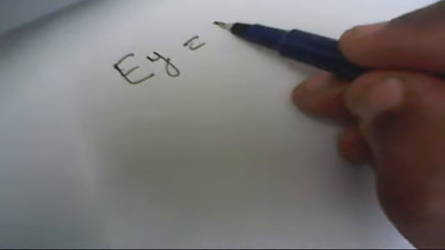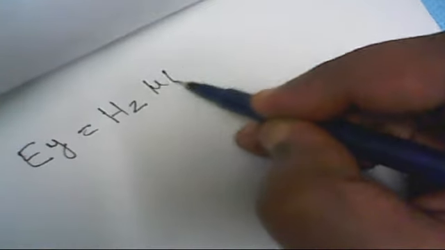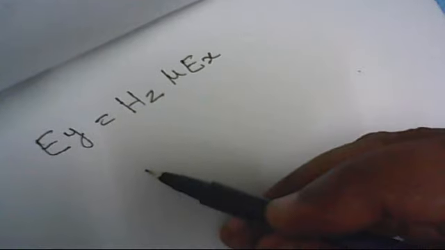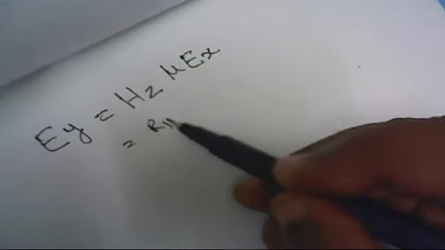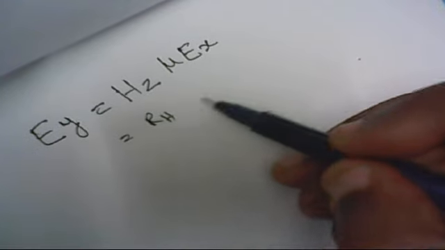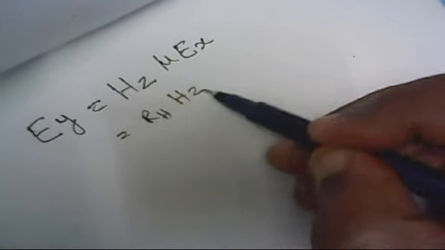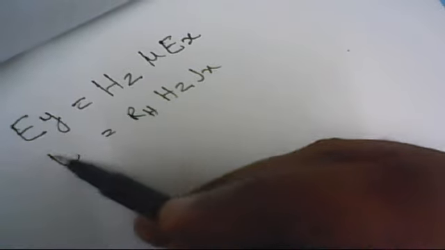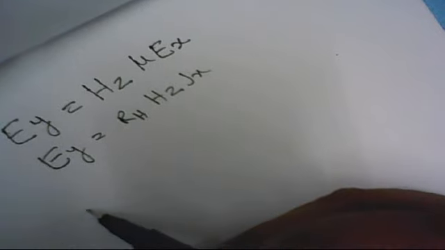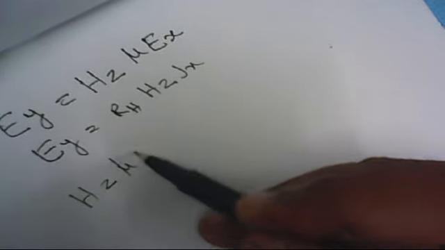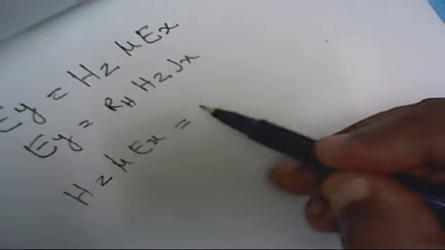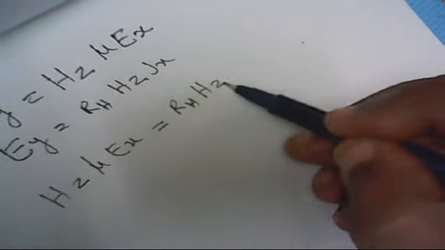So we have two expressions. Ey is equal to Hz mu into Ex, is it not? And another expression in terms of Hall coefficient, RH into Hz into Jx. So we can equate these expressions: Hz mu into Ex is equal to RH Hz into Jx.